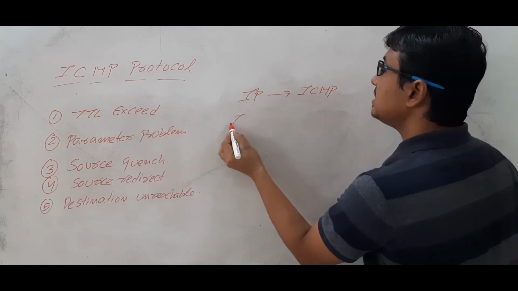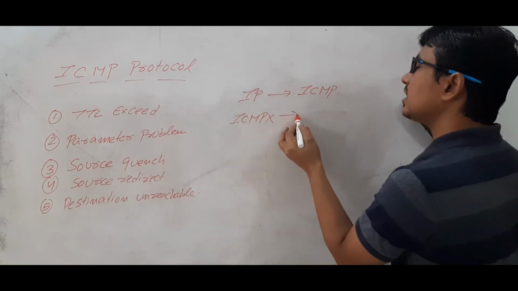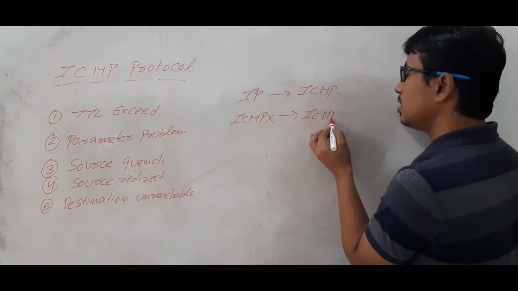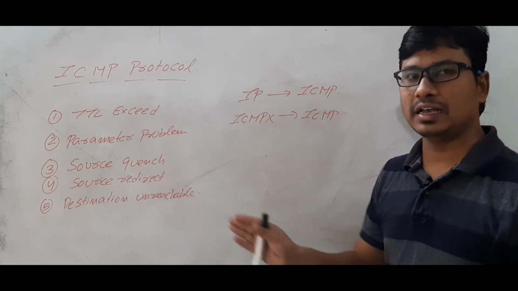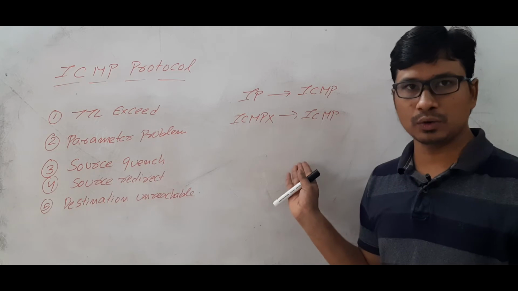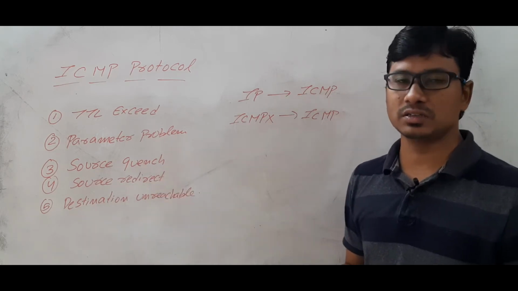But if an ICMP packet is dropped, you will not generate another ICMP packet. Are you able to understand? So that's what I want to say. If an ICMP packet was generated by router R2 and is dropped at router R1, the source will not receive it.